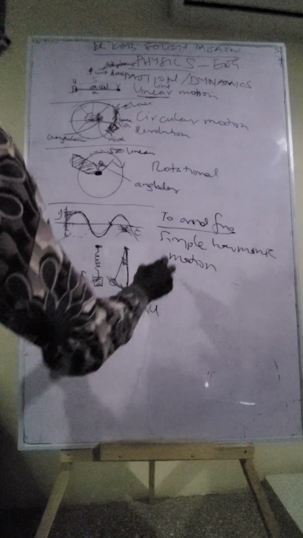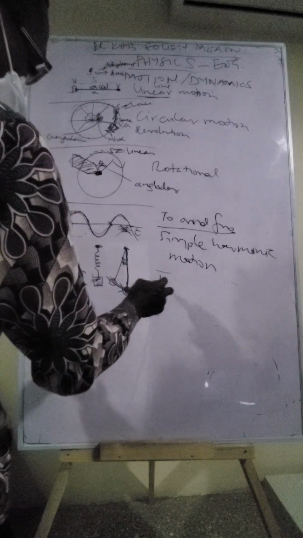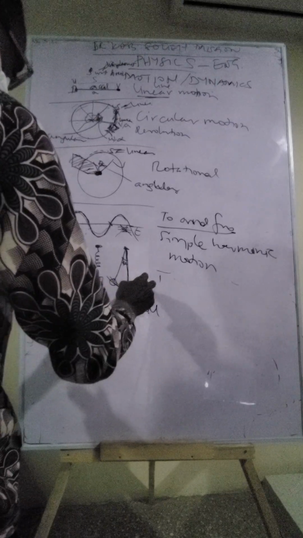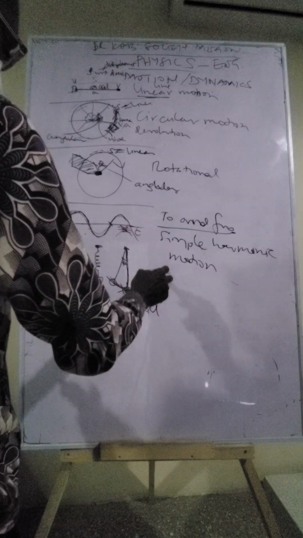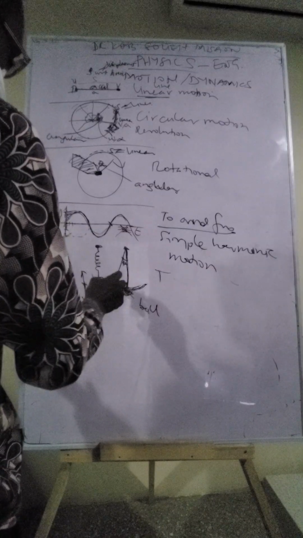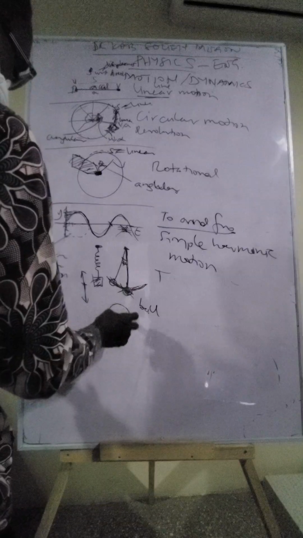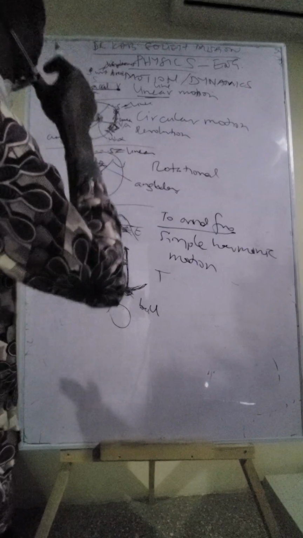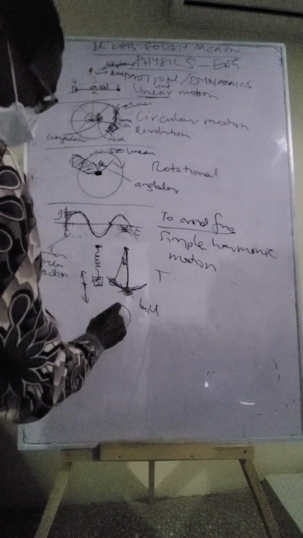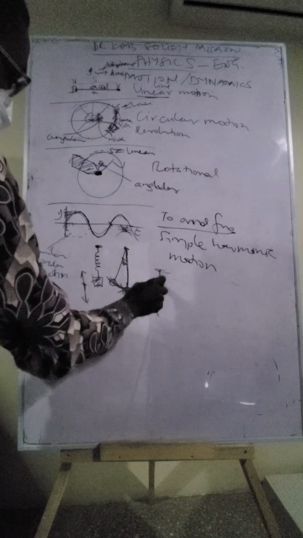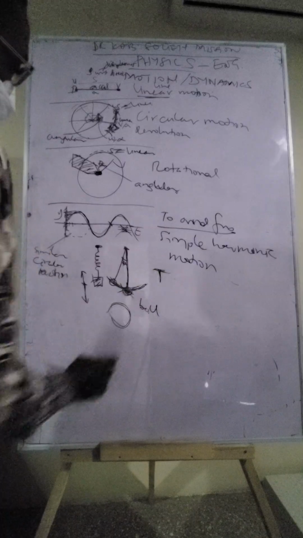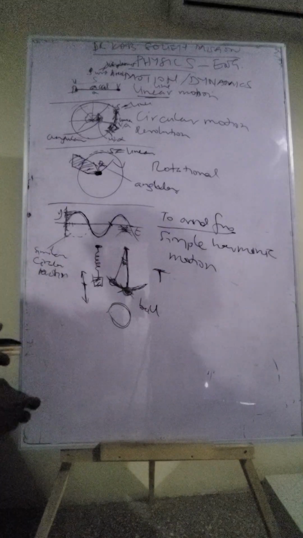The time it takes to move and come back is the time taken to complete a circular motion. That time is special, and we call it the period of the motion.